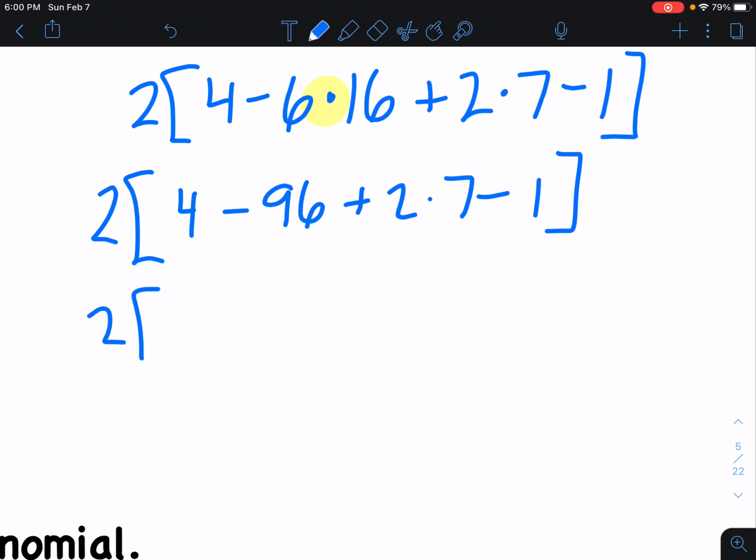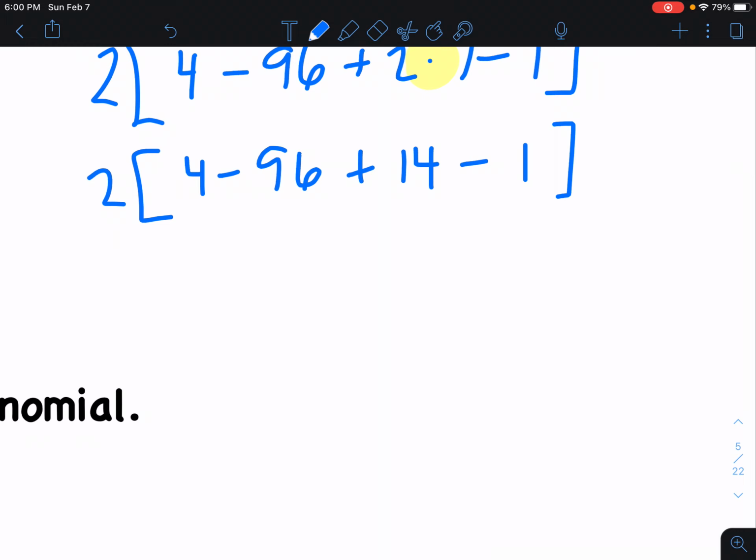All right, within the brackets, now what should I do? Right there, multiply. So that'll be plus 14. And then we can pretty much from here add or subtract left to right. This will be next. So 4 minus 96 is negative 92.